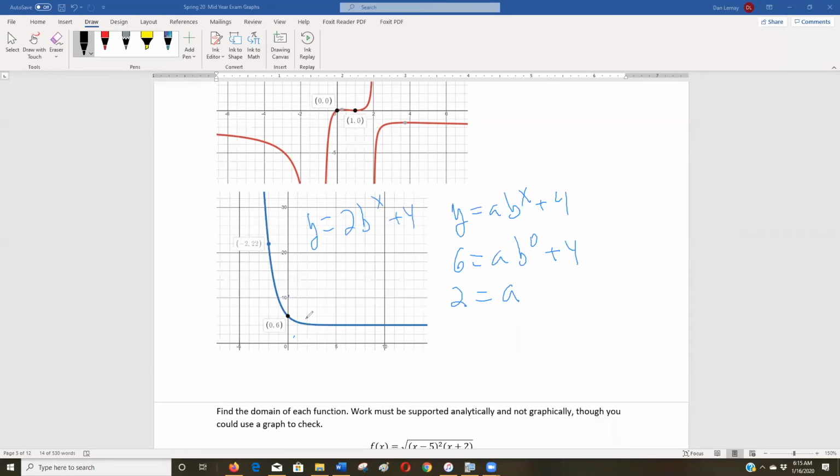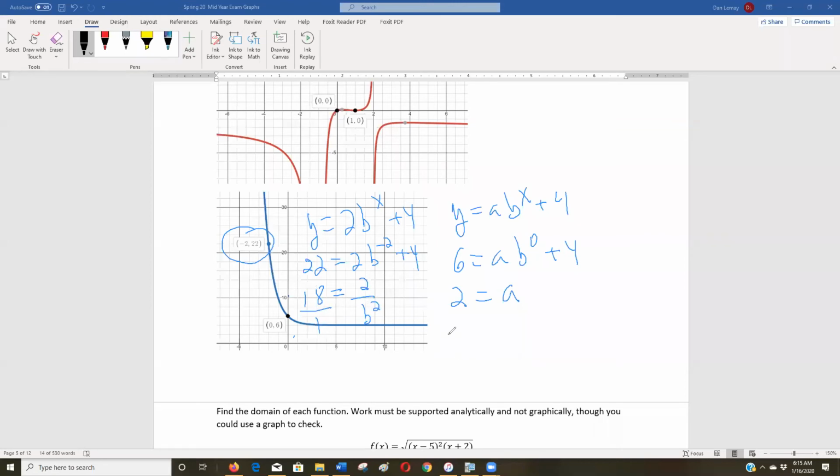plus 4. And then we can use this other value, the (-2, 22). So 22 equals 2 times b to the negative 2 plus 4. Now I want to isolate that b to the negative 2. So I'm going to subtract 4. I think that gives me 18. And I'm going to get rid of that negative exponent right now. So now I just have a proportion.